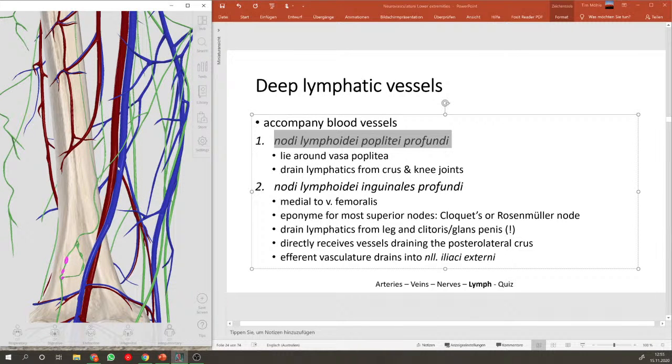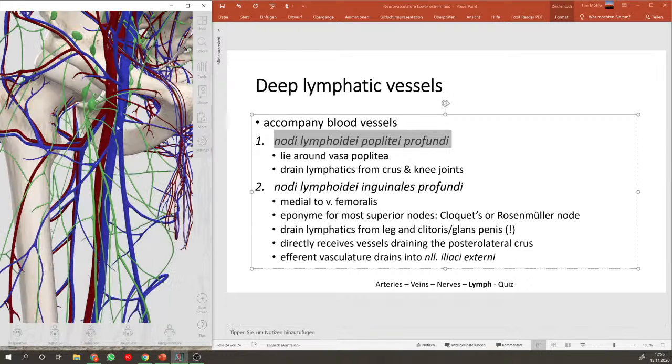Another important lymph node station will be the deep inguinal lymph nodes, nodi lymphoidei inguinales profundi, and they will lie in the inguinal region, medial to the femoral vein. So here we have the femoral vein, and medially to it we can find the deep inguinal lymph nodes. They lie medial to the vena femoralis, and they will drain the lymphatics from most of the leg, including the clitoris or glans penis.